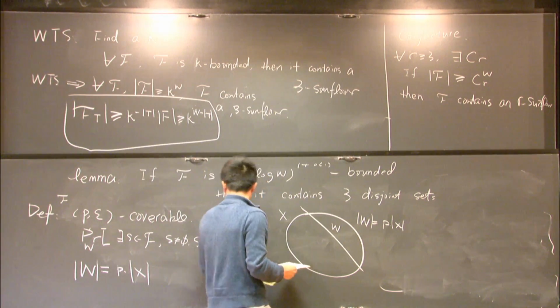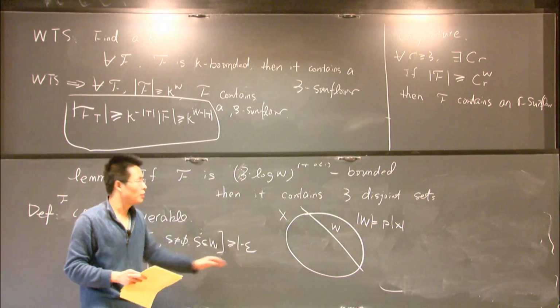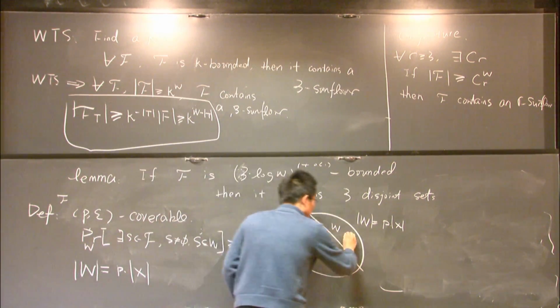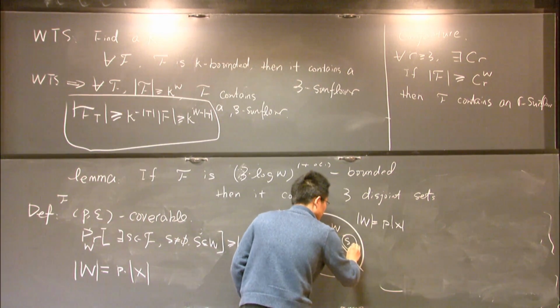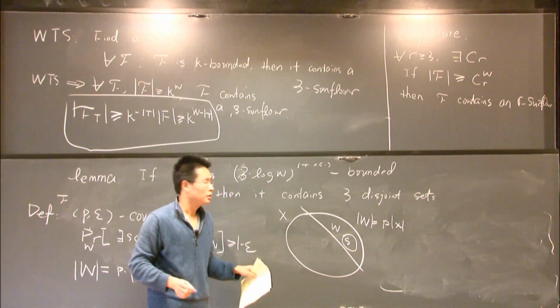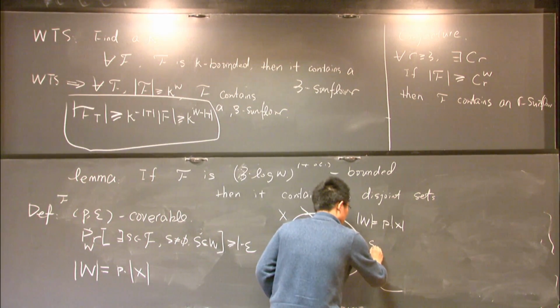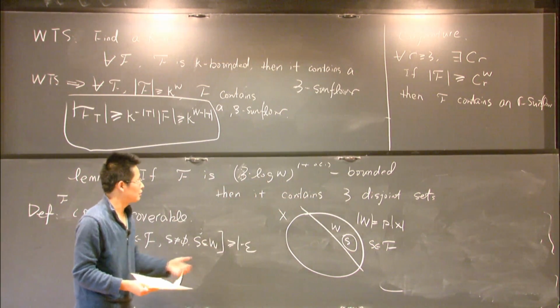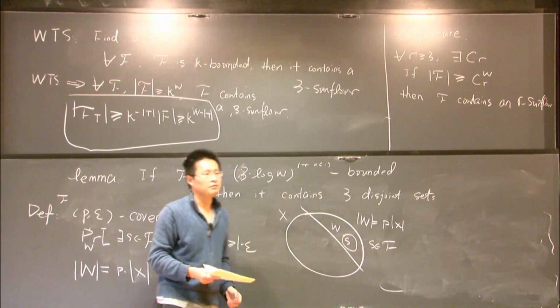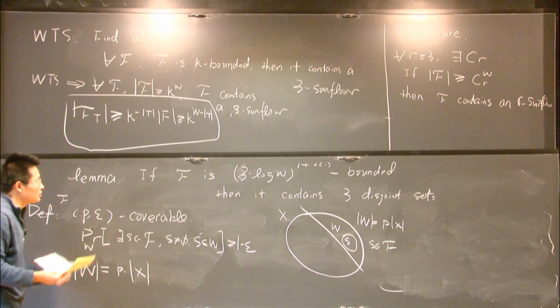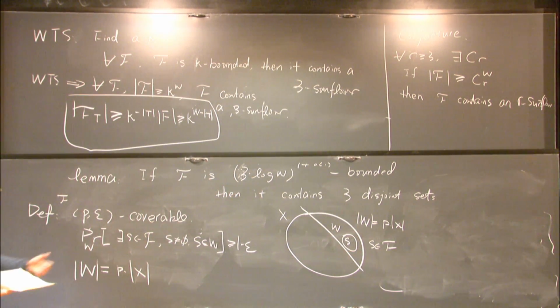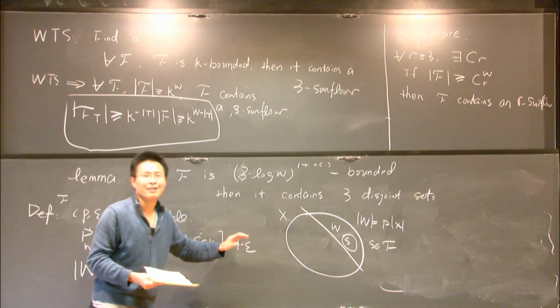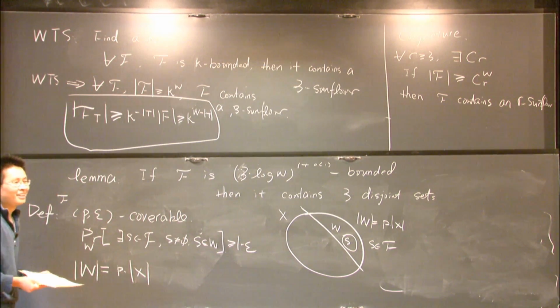Then with high probability, meaning probability larger than 1 minus epsilon, we can find S, a subset of W. So with high probability it covers a set from this system F. If we take this picture, I think the definition is easier to understand.